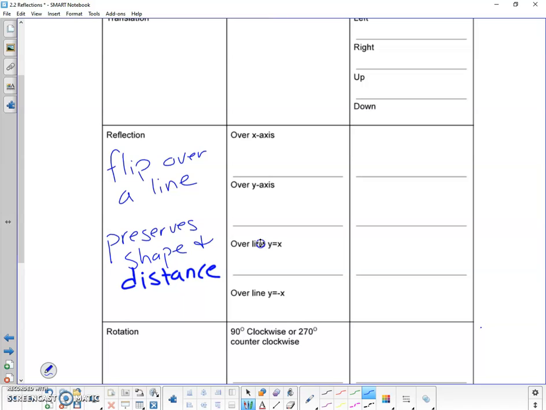Reflection preserves our shape and our distance. So we didn't change the shape. What we changed is the way that it faces.